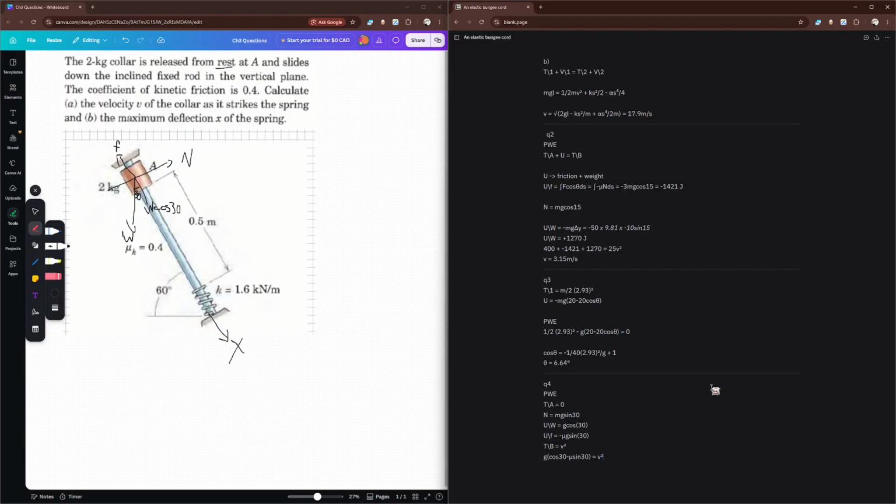So we're just taking the square root of this term. So the square root of 9.81 cosine 30 is a half minus 0.4 sine 30, which gives us a velocity of 1. I don't know where I got that from.